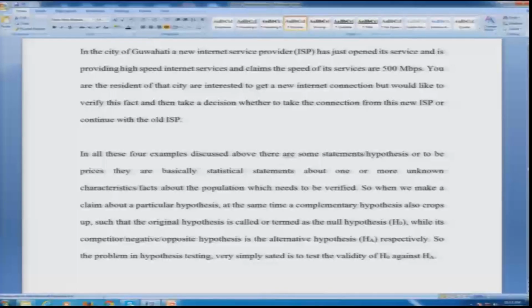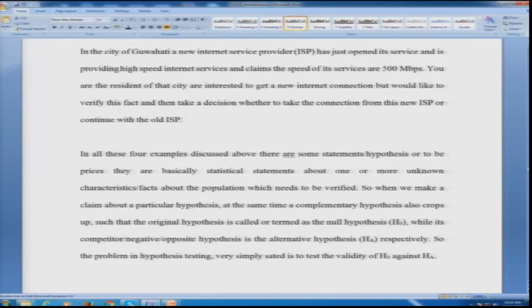In all these examples discussed above, some statement or hypothesis has been mentioned, something has to be verified, nullified, agreed upon, and so on. So, some statistical statements have been made about one or more unknown characteristics or facts about the population, which need to be verified or refuted.